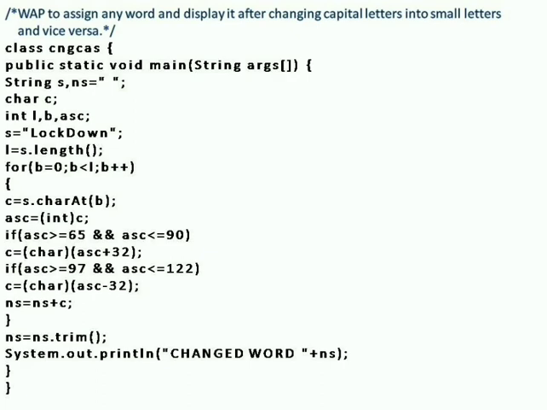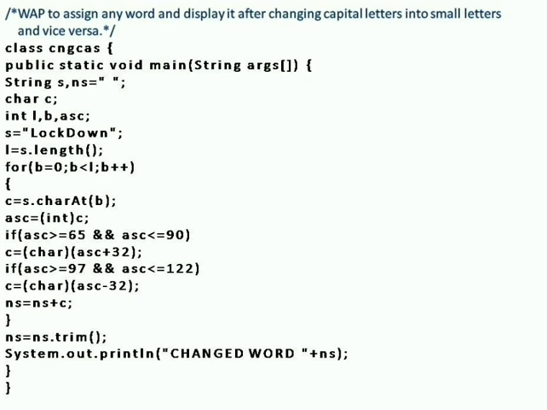Then I'll create one for loop which will be from 0 to less than L, that is from the beginning of the word till the end of the word. Next line I have one opening brace which is marking the beginning of the body of the for loop.